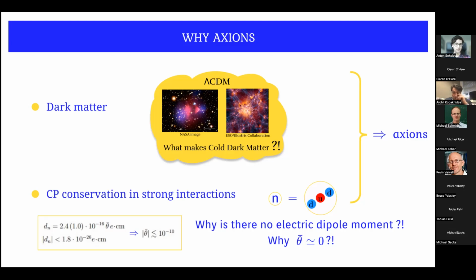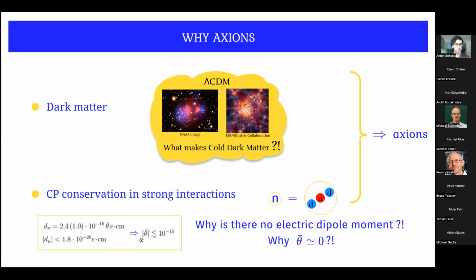Then also axions were initially introduced to solve the problem of CP conservation in strong interactions. Actually, the theory of strong interactions, QCD, predicts that there is some parameter theta in the theory, which could be any possible number in principle, but then our observations tell us that this theta parameter is super small.